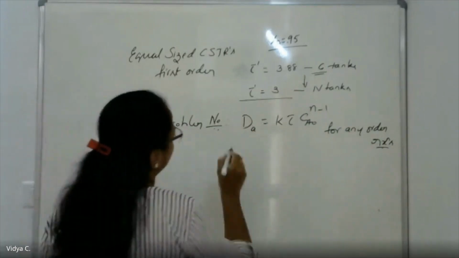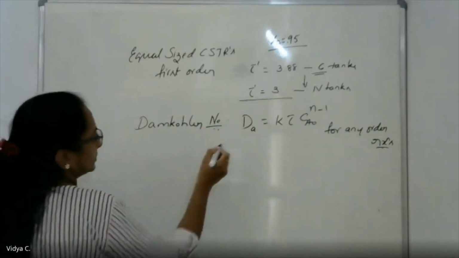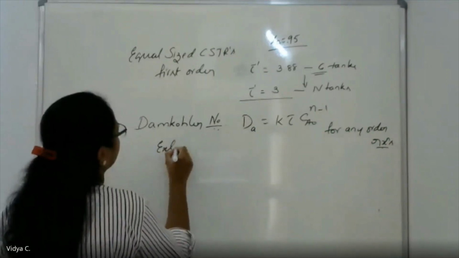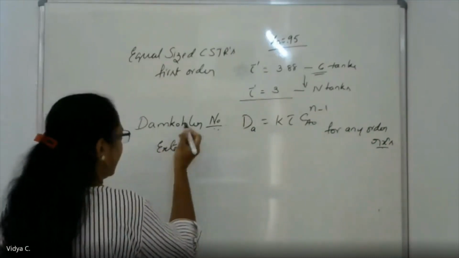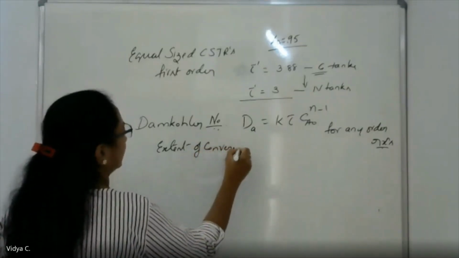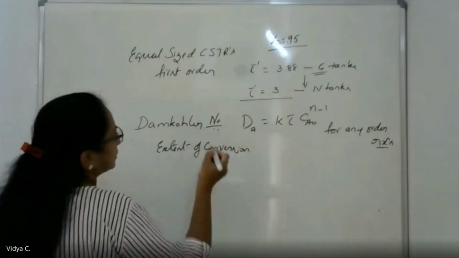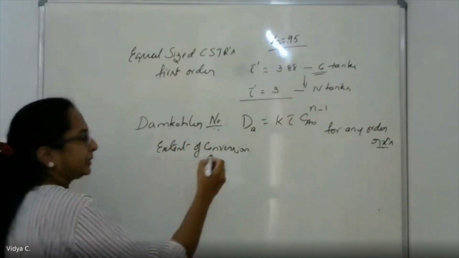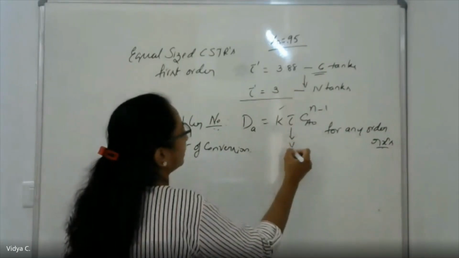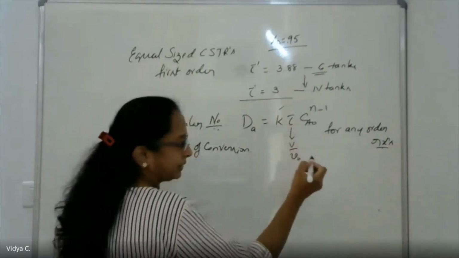So what this Damkohler number helps us to do is find the extent of conversion. For a given reactor, the rate constant is known. Tau, the volume of the reactor divided by the volumetric flow rate, will be known for a given reactor.